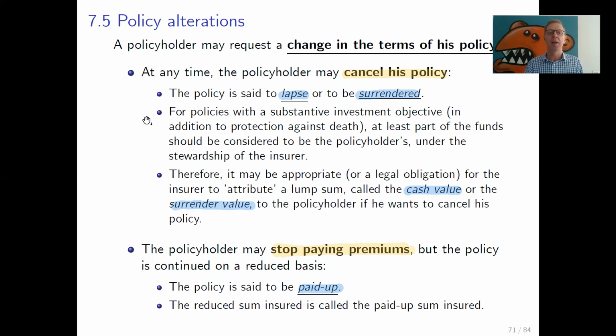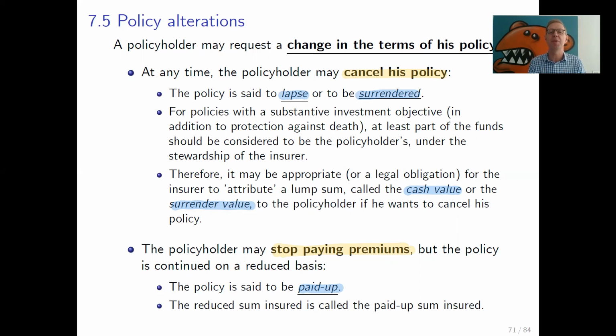Now, a remark: if we have a policy with a substantive investment objective, in addition to protection against death, at least part of the funds should be considered to belong to the policyholders under the stewardship of the insurer. So, for instance, if we have an endowment contract where there is not only a death benefit, but also a survival benefit, let's say of amount 500,000.